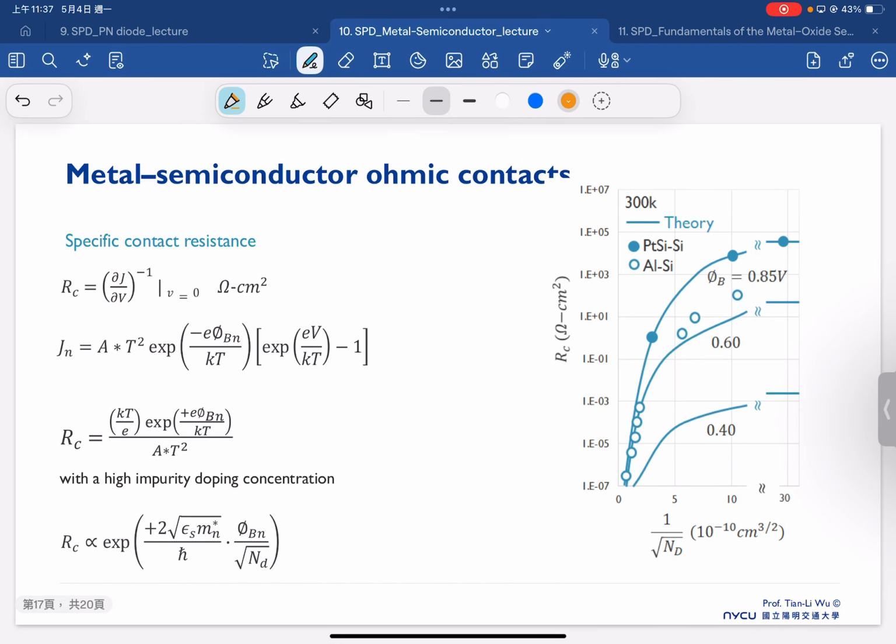So these are some of the calculations, but the idea is the same. If you look at the equation, the ohmic contact resistance Rc is proportional to the barrier height, and also inversely proportional to the doping concentration.